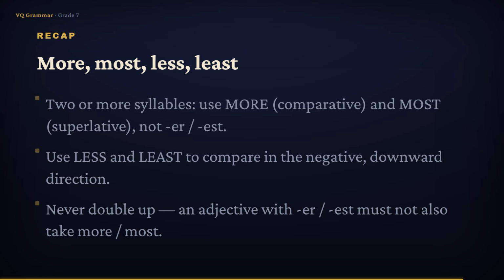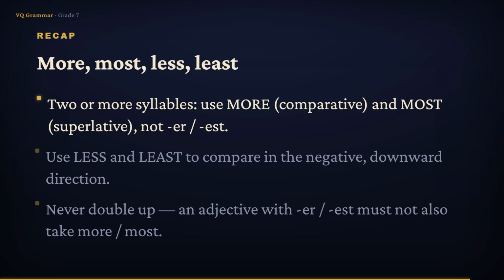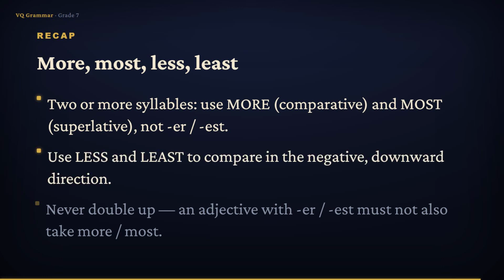Let's gather up what we learned. When an adjective has 2 or more syllables, you don't add ER or EST. You use more for the comparative and most for the superlative. More popular, most popular. To compare in the other direction, downward, you use less and least.